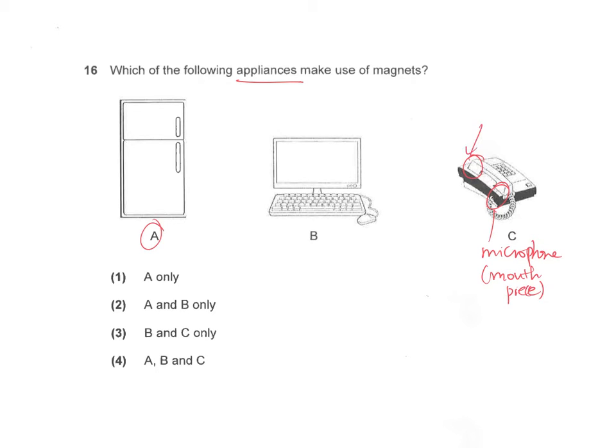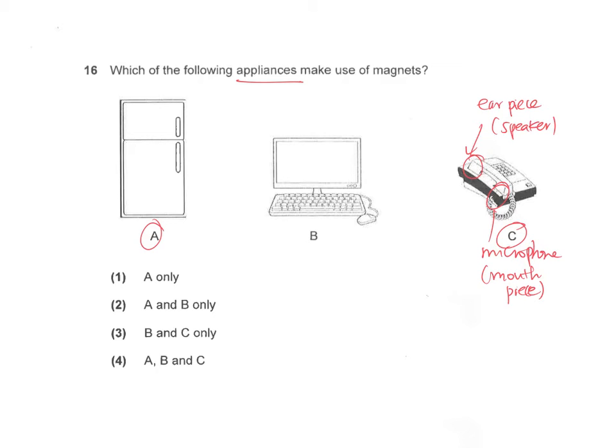And the one on top here, let me write down, is the earpiece. Now this is actually a speaker. You must know that both the speaker and the microphone have got magnets inside them for it to work. So answer C is also the one that has got magnets.